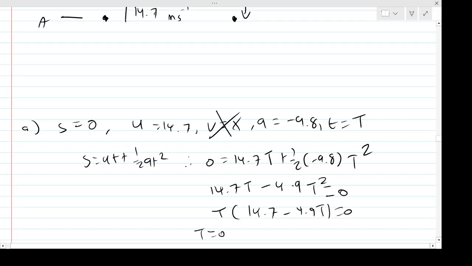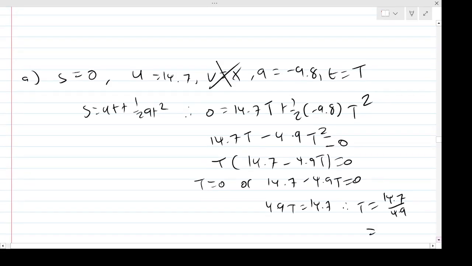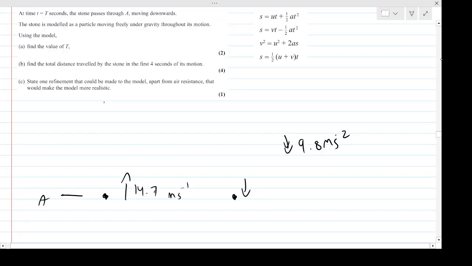So that means T is 0, or 14.7 take away 4.9T is equal to 0. So 4.9T is 14.7, therefore T is 14.7 divided by 4.9, and that will get me 3. So it makes sense to accept this value of T and not 0, because obviously we start at time 0. So the time when it returns back to the point is 3 seconds.